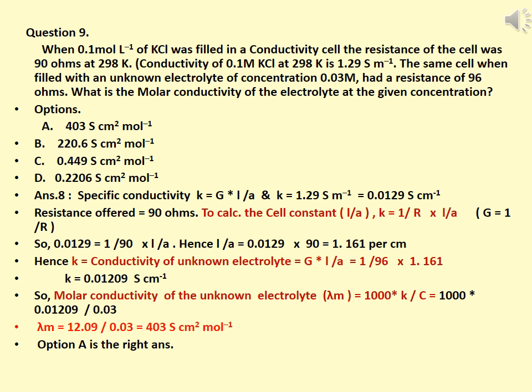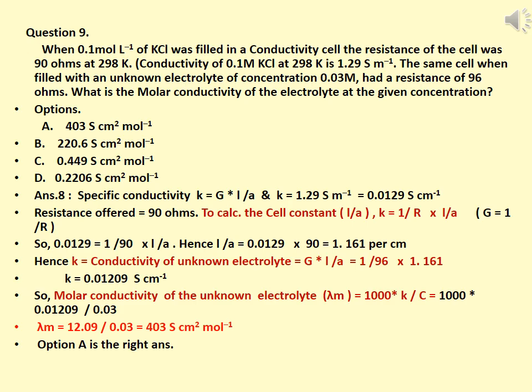First, we need to calculate the cell constant of this conductivity cell. Second, using the cell constant and the data given, we can calculate the conductivity of the unknown electrolyte.